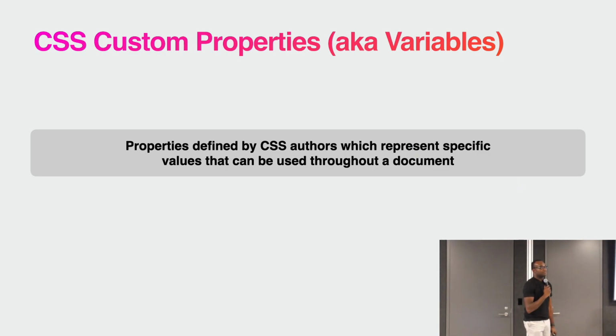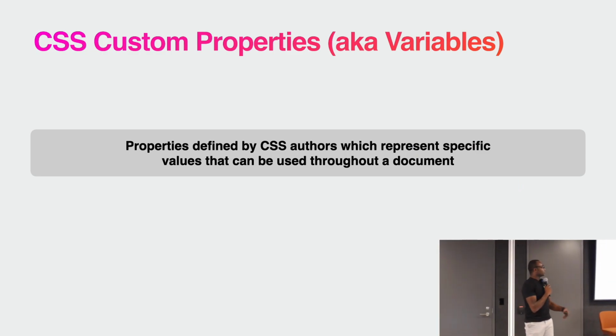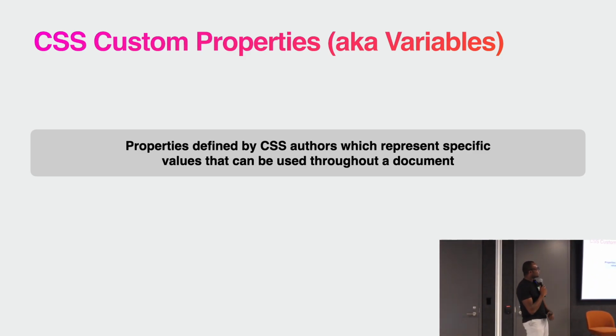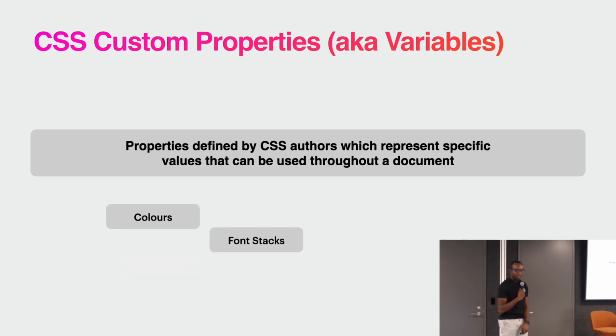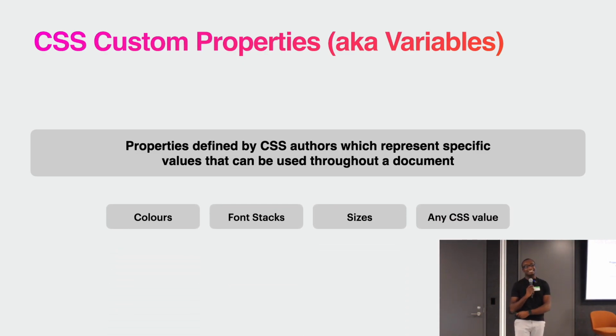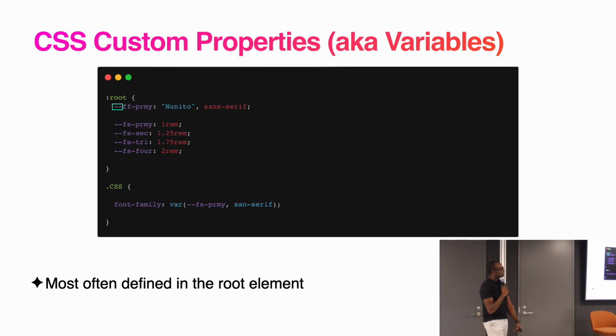CSS custom properties. These are properties that are defined by CSS authors which represent values that can be used throughout a document itself. Things like colors, font stacks, sizes, really any CSS value itself. So what do custom properties even look like? Well, here they are. We can see that we're declaring a custom property here within the root element itself.